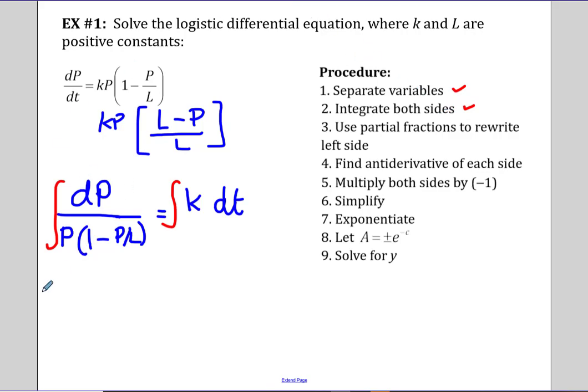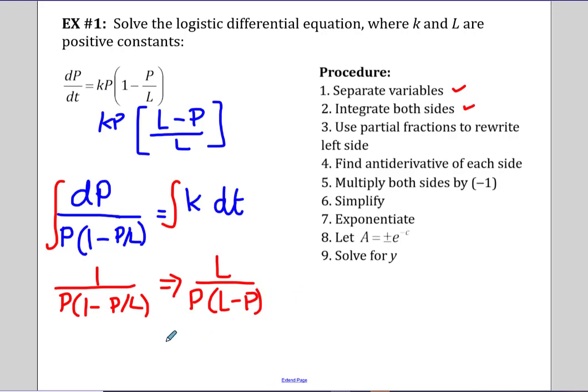So we have 1 over P times 1 minus P over L, which can be rewritten as 1 over P plus 1 over L minus P. Back up here, we need that to be a 1, not an L. Getting ahead of myself again.